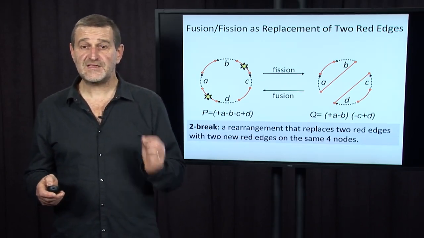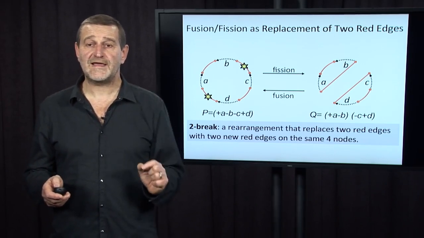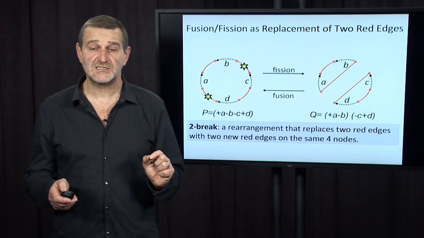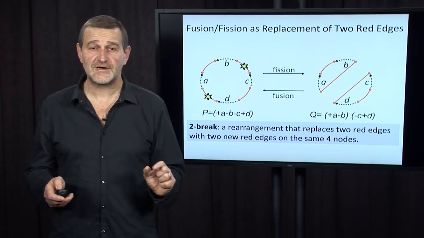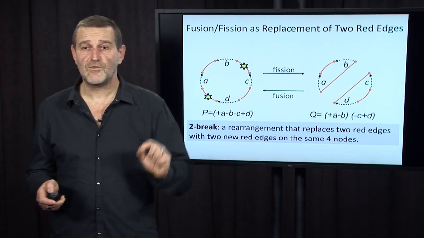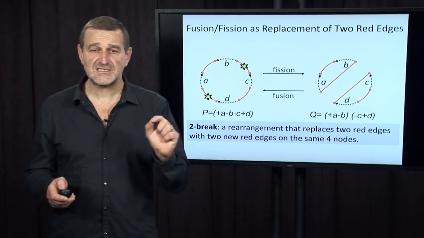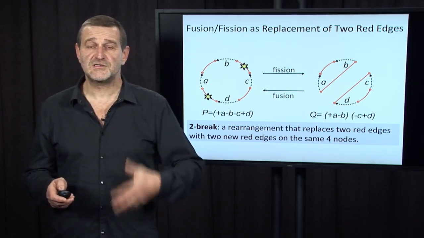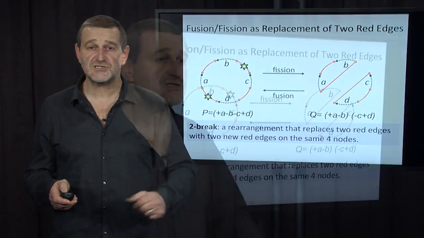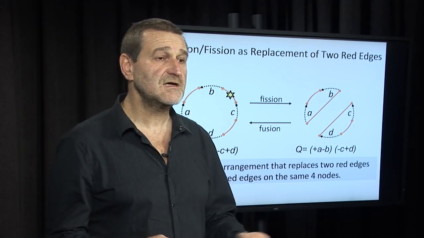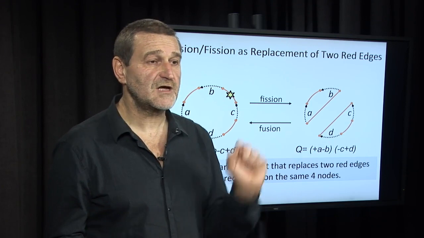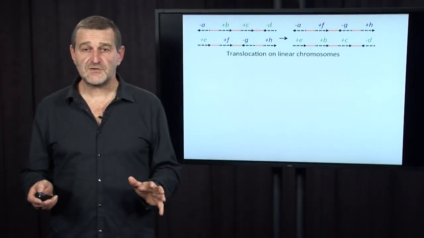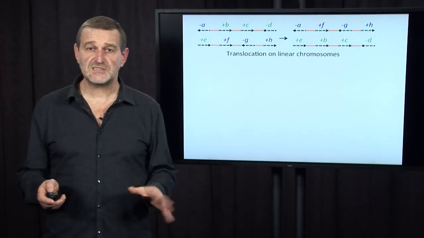And therefore, we define the notion of 2-break, a rearrangement that replaces 2 red edges with 2 new red edges on the same 4 nodes. What we have just accomplished is that, instead of 4 different operations, reversals, translocations, fusions, and fissions, we have a single operation, a 2-break. I described how to model reversals, fusions, and fissions as 2-breaks.